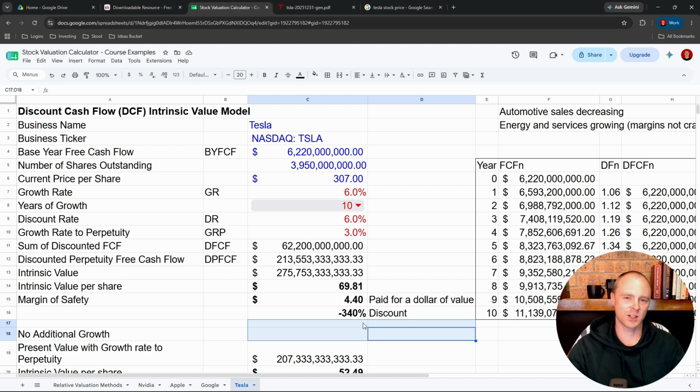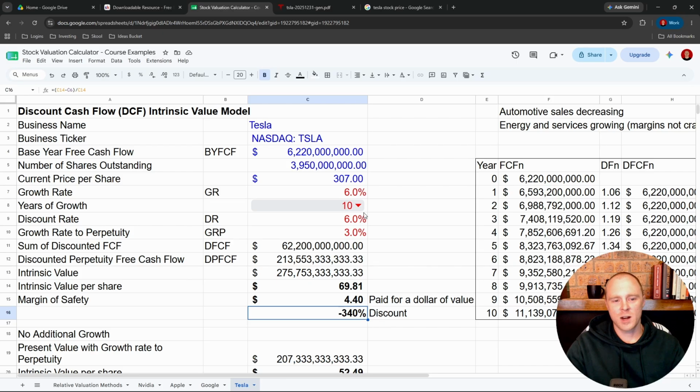Especially if they've paid $307, it might take a decade or two for that stock to come back to that level once the business has matured and got through this very speculative phase in the stock's growth. So you might buy it at 307. It might be very volatile, going up and down for a long time. You might be able to ride a couple of buys and sells. But at the end of the day, in 10, 20 years' time, this stock will not have delivered the value that you want to get from it.